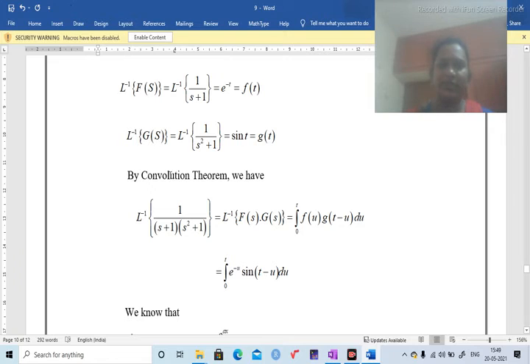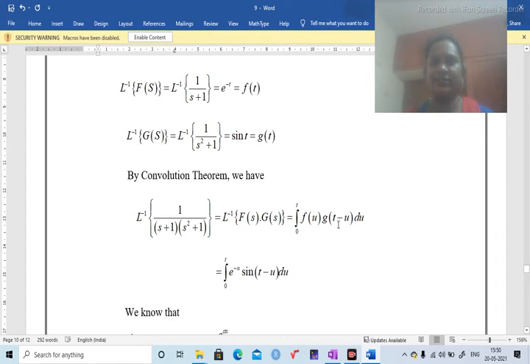So by using convolution theorem, L inverse of f of s into g of s equal to integration 0 to t f of u into g of t minus u du. Integration 0 to t as it is, f of t is e power minus t, that means f of u is e power minus u.